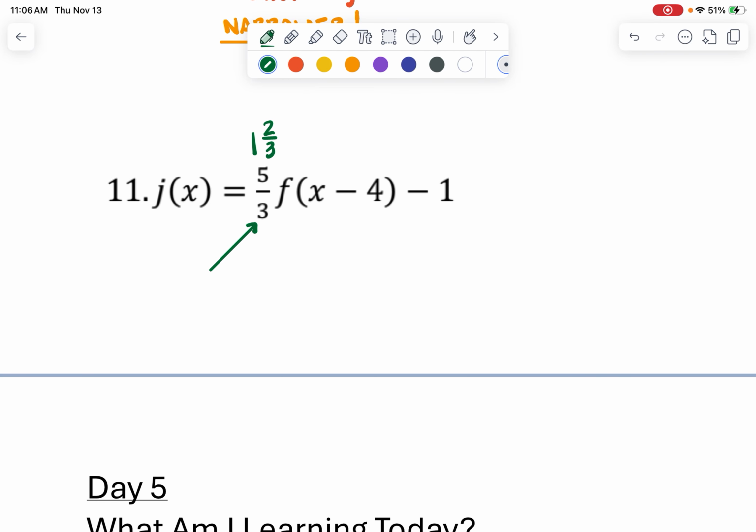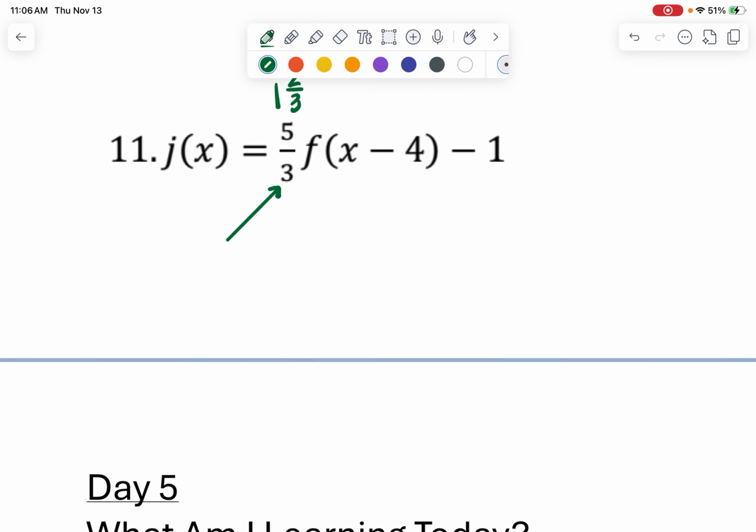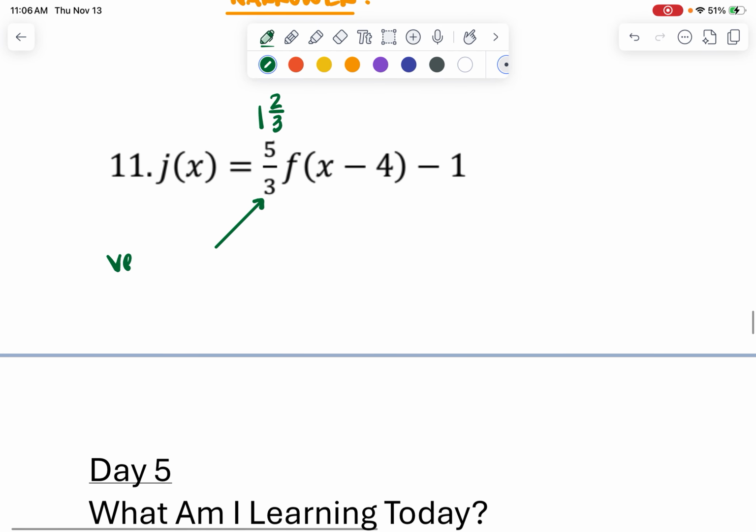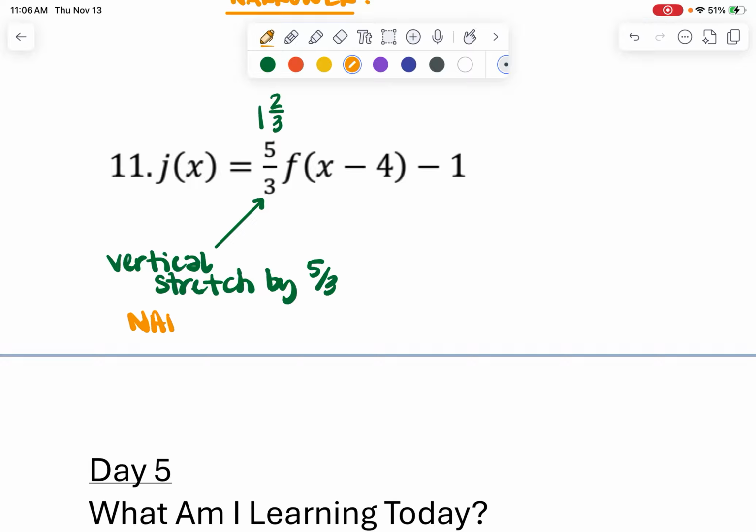Because it's an improper fraction, right? So even though it's a fraction, this is a vertical stretch because that value is greater than 1. So it's a vertical stretch by 5/3. So remember that means we're pulling up on the arrows. So he only has a natural reaction of getting narrower if we vertically stretch.